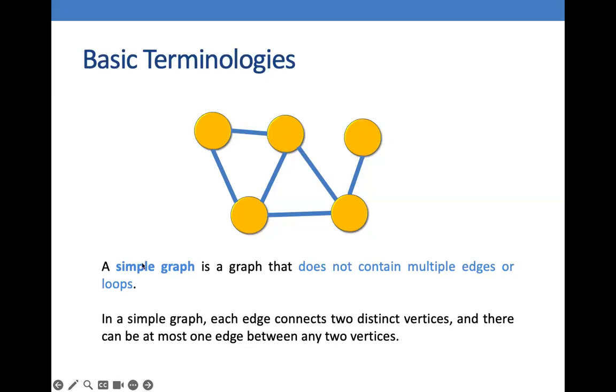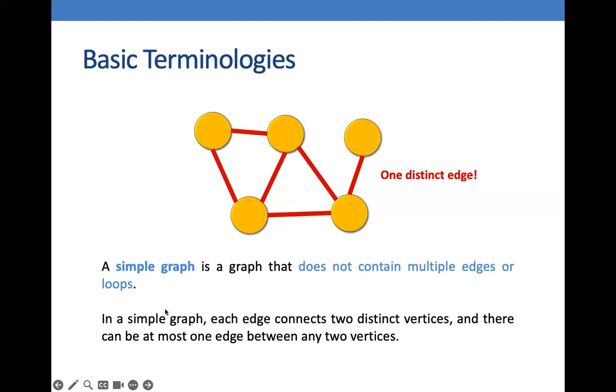And here are some more terminologies. We have a simple graph. So what is a simple graph? Shown here is a simple graph, but why can we consider it as a simple graph? It's simply a graph that does not contain multiple edges or loops. As you can see here, we have a distinct edge in between vertices.